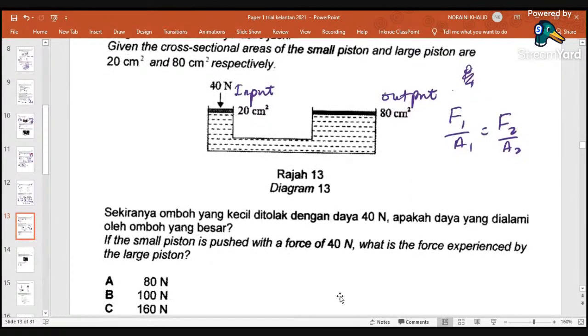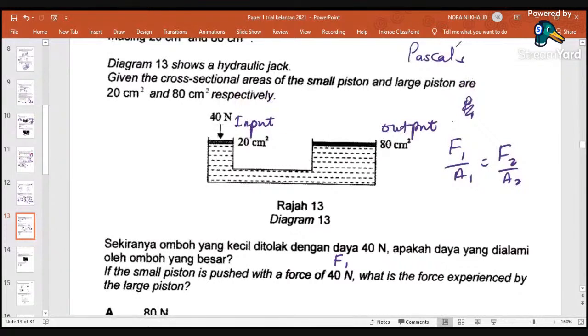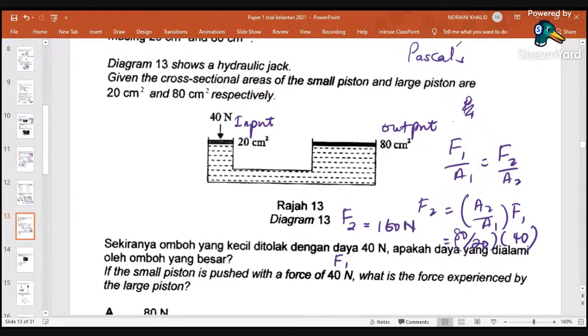The small piston is pushed by a force of 40 Newton, which means F1. What is F2? We just substitute into this formula. We want to find F2. F2 equals A2 over A1 times F1. So A2 is 80 divided by 20 times 40. 4 times 40, so you get F2 equals 160 Newton.